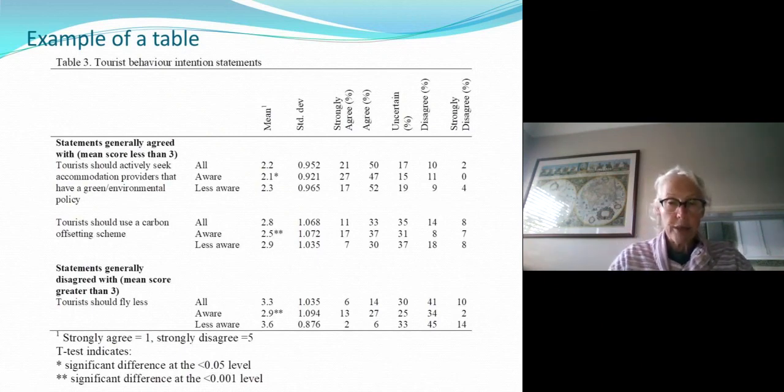When we've compared the 2 groups, you can see some asterisks in there, and they are reporting the t-test results, so whether there was a significant difference at either the less than 0.05 level or the less than 0.001 level. So we're beginning to bring the statistics in there as well. There's an awful lot wrapped up in that one table.